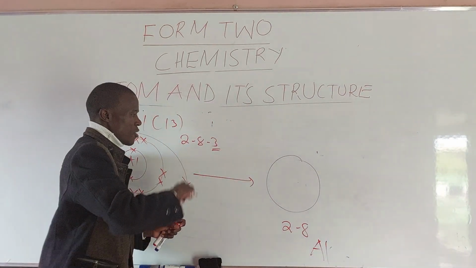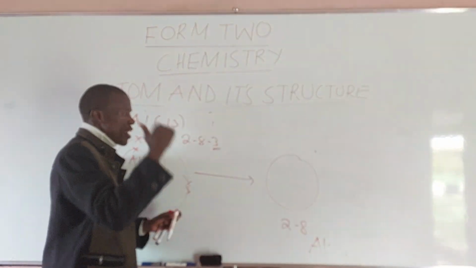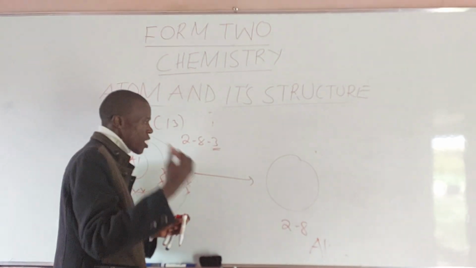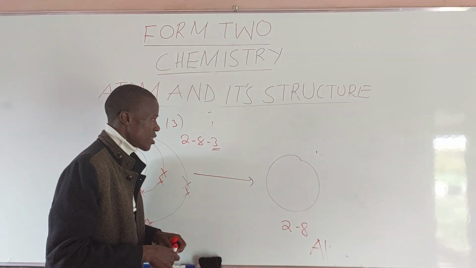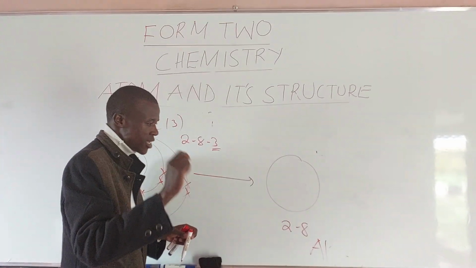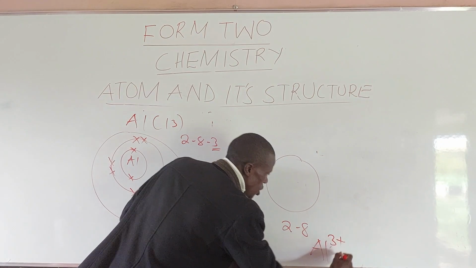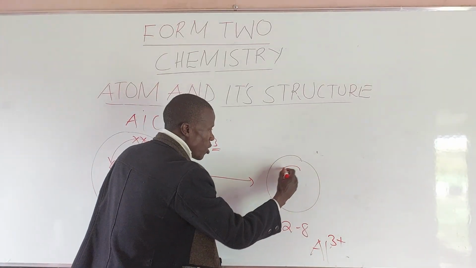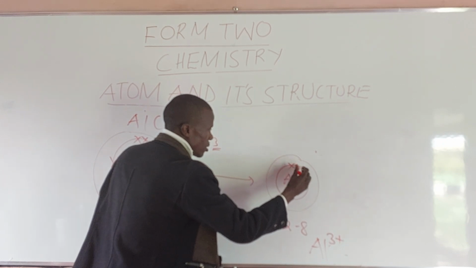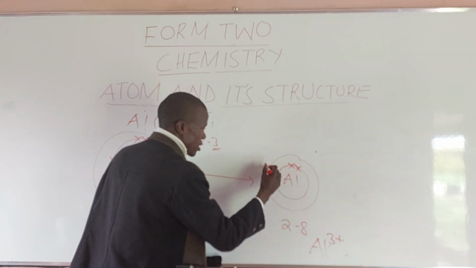Because it has lost 3 outermost electrons, the number of protons is now 3 more than the number of remaining electrons, and each of the 3 extra protons, being positively charged, contributes to the charge of the ion, and therefore we are going to have the aluminium ion written like this.